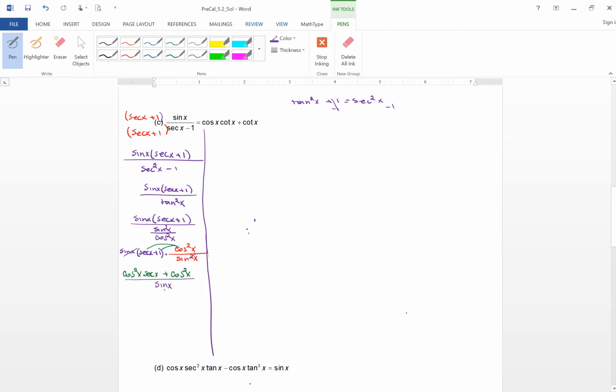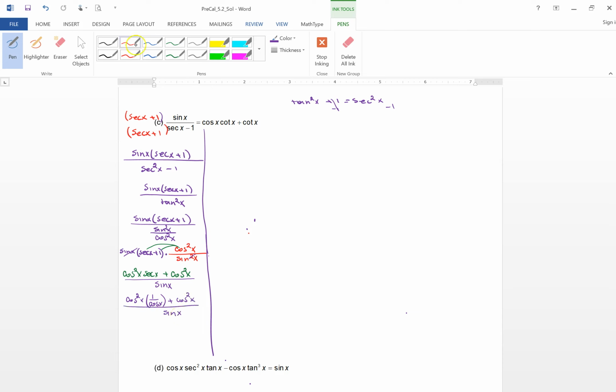All right, what are we going to do now? Well, look, cosine and secant are related. So what I'm going to do is rewrite the secant as 1 over cosine: 1 over cosine x plus cosine squared x over sine x.